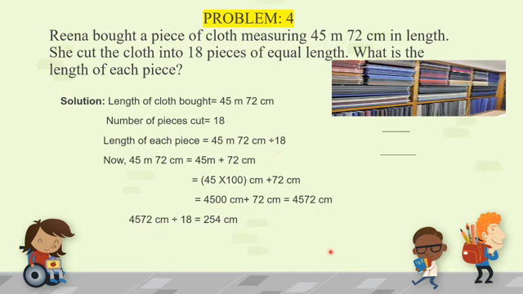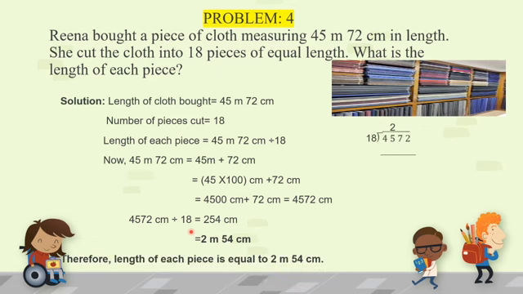4572 will be divided by 18. And what will be the answer? To find that, let's do the division. 18 twos are 36. So 45 minus 36 is 9. Then we bring down 7. Now we'll read the table of 18 to find 97.